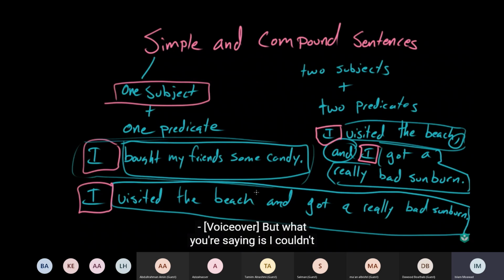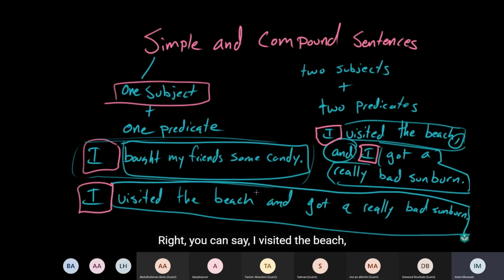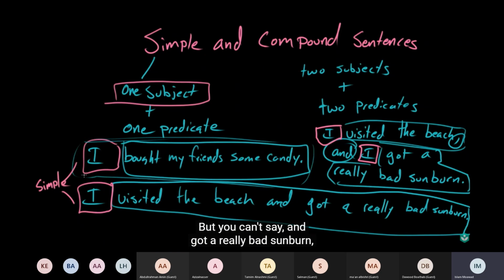But what you're saying is I couldn't divide this up into two sentences unless I put in another subject. Right. You can say I visited the beach, and that can be a sentence on its own. But you can't say and got a really bad sunburn as its own sentence. Okay. So both of these things are simple.